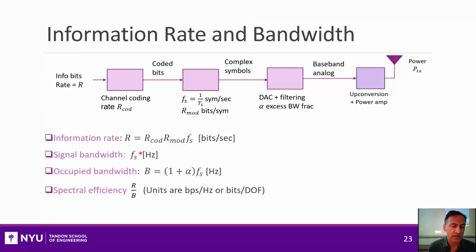The signal bandwidth we'll denote by fs, which is 1 over the symbol period, but the occupied bandwidth might be a little larger because there's usually some excess bandwidth associated with the filtering. And finally, we have a term we call the spectral efficiency, which is the rate per unit bandwidth. If these are unfamiliar to you, just go back and review any digital comm class. There's also a GitHub link that I have for the digital comm class when I teach it, but there are many references that you can get.